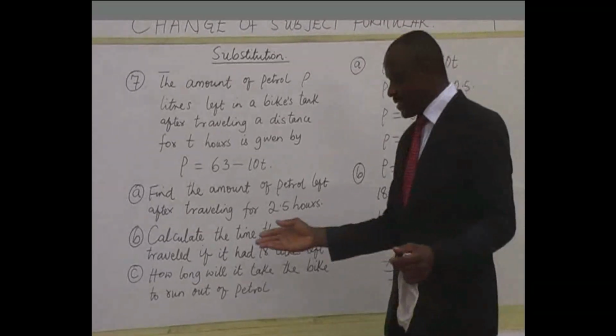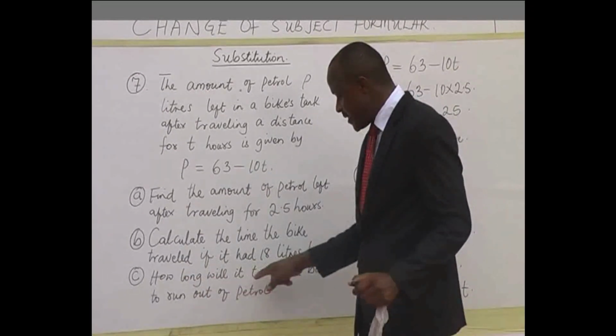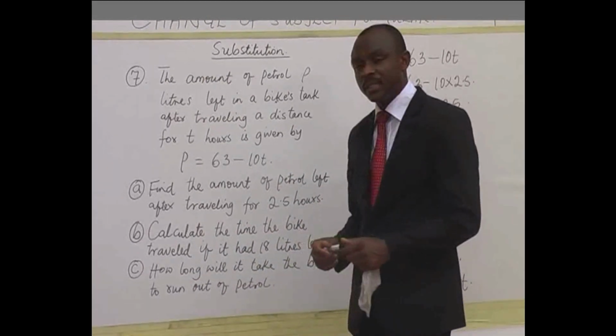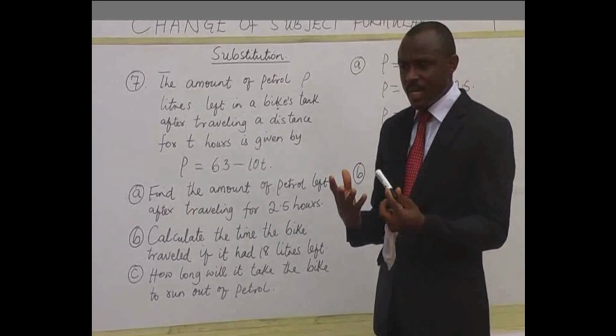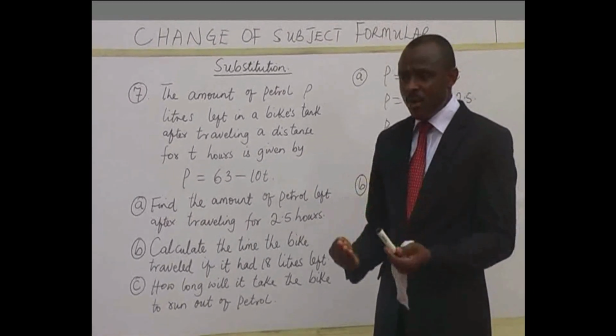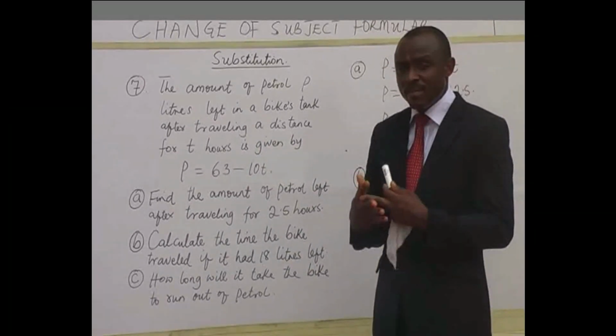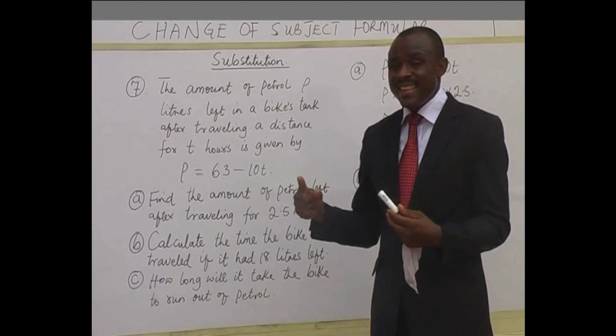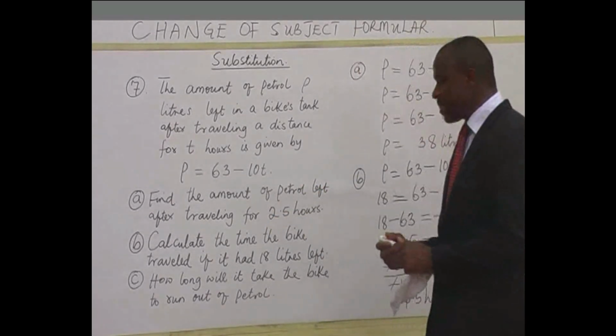Then question number C asks how long will it take for the bike to run out of petrol? It's simply asking when P will be 0. That is when the fuel or the petrol left in the tank of the bike becomes 0. What will be the time? It's a very simple thing.